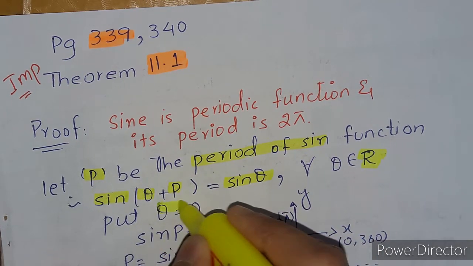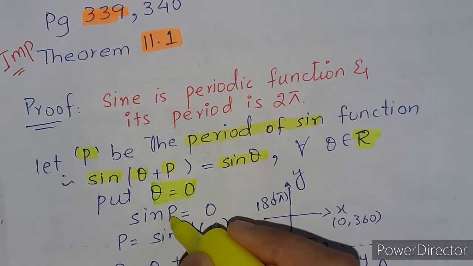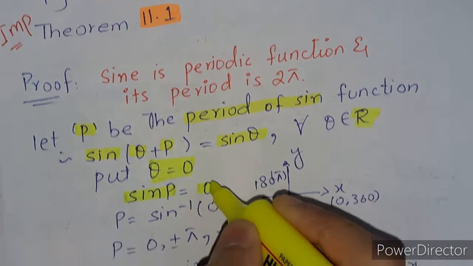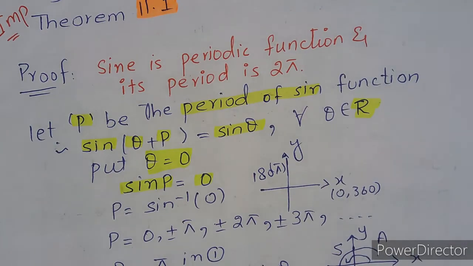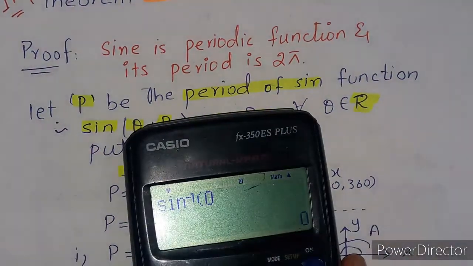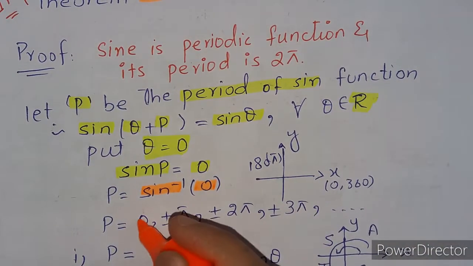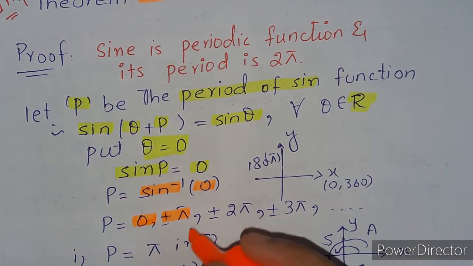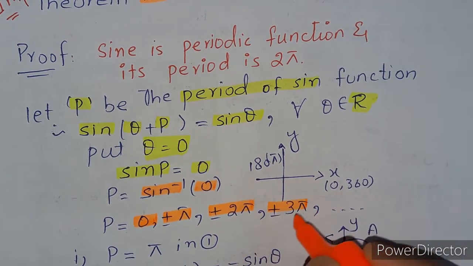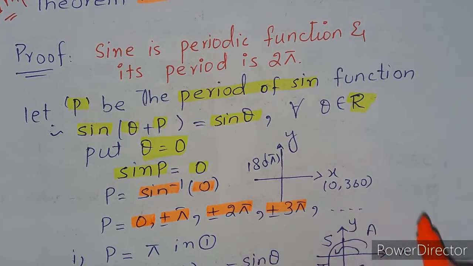Now if we put theta equal to 0, we get sin p = 0. Finding the value of p, sine inverse 0 is 0, and it can be positive pi, positive and negative 2 pi, positive and negative 3 pi and so on.